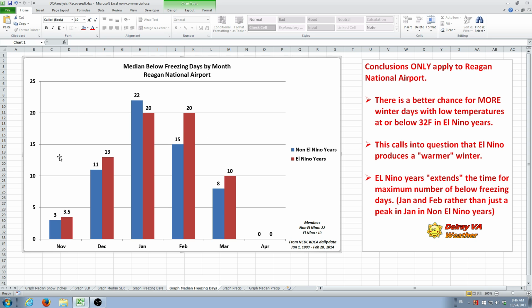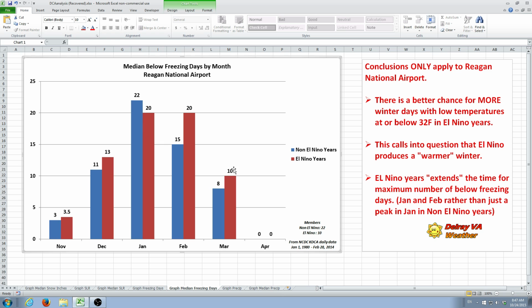So in general, there are more chances through the winter of having below freezing days. This actually calls into question that El Nino produces a warmer winter. We're showing that we're going to have more days 32 degrees or less in an El Nino year, and that's certainly not indicating a warmer winter.